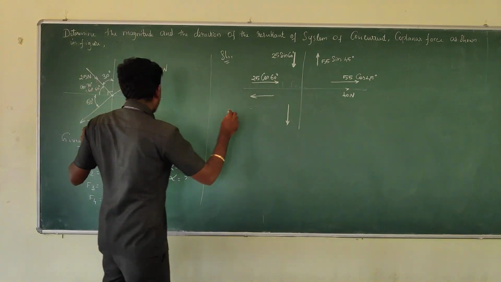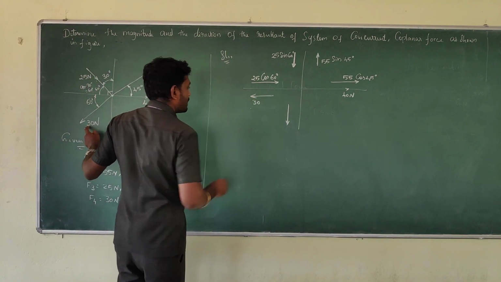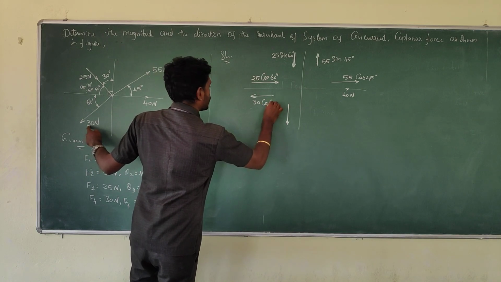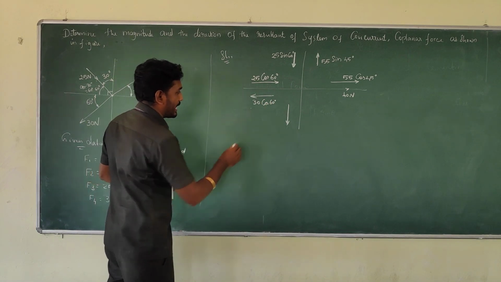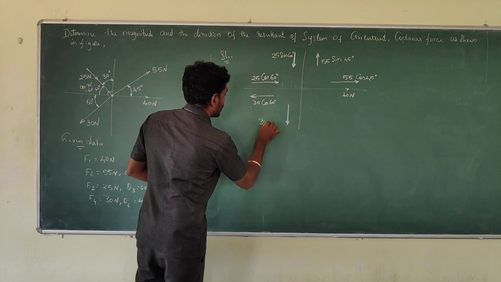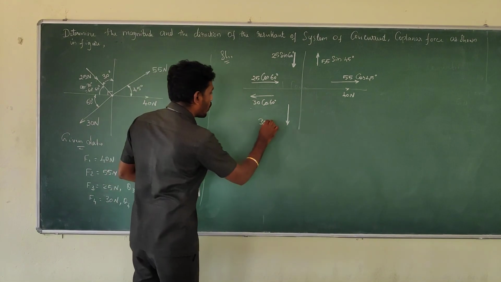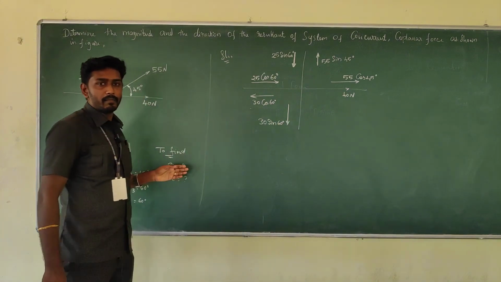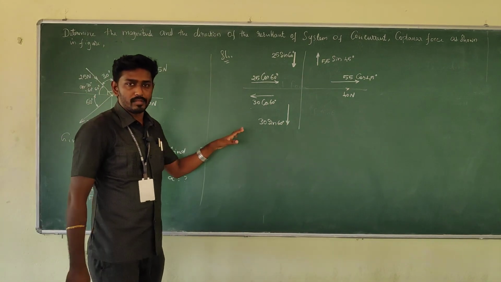So here the magnitude can be denoted as 30 cos 60 degree. Here comes 30 vertical, so you need to put sine 60 degree. This is how we have to do it.